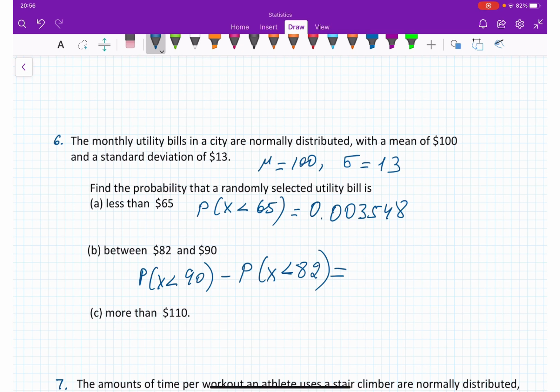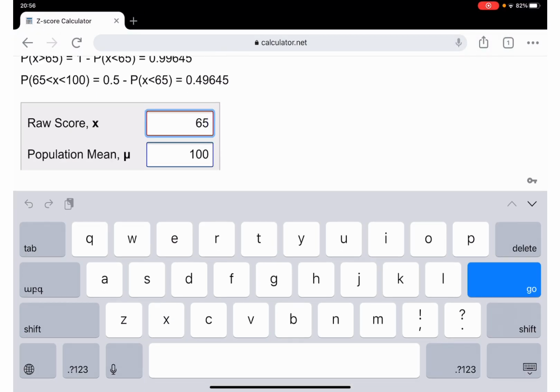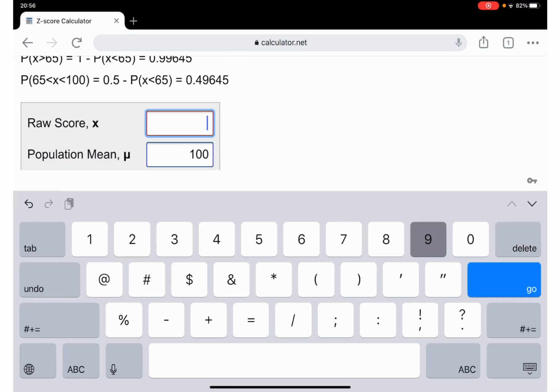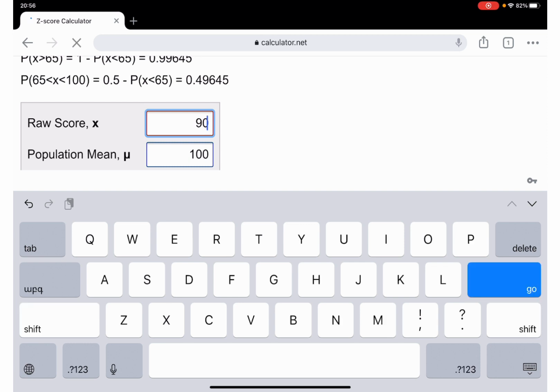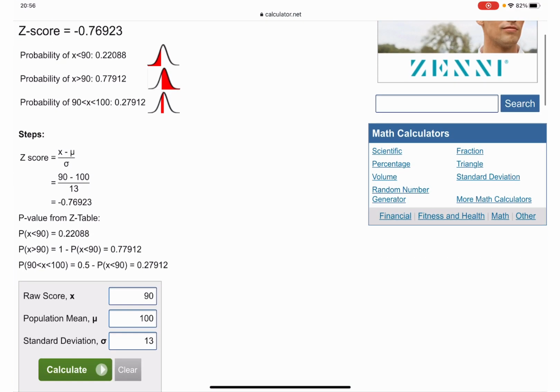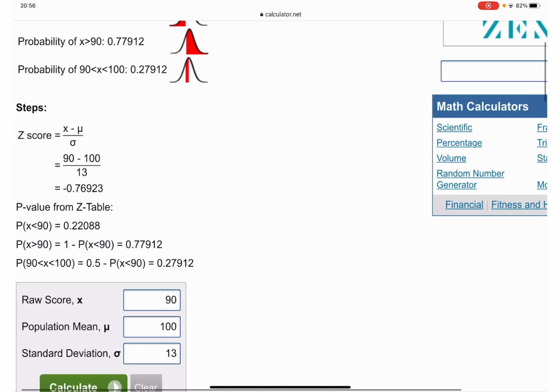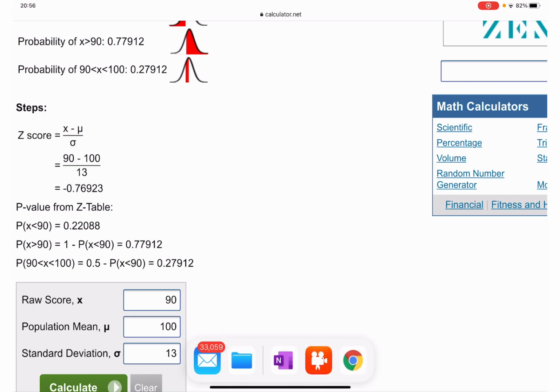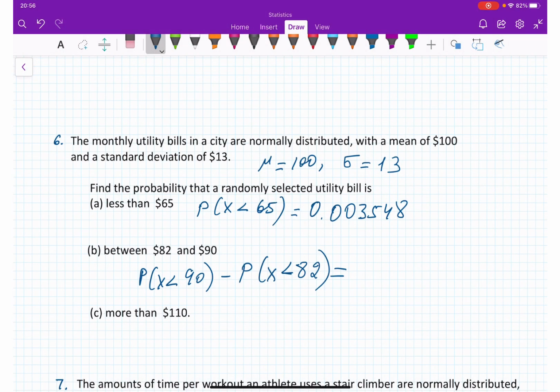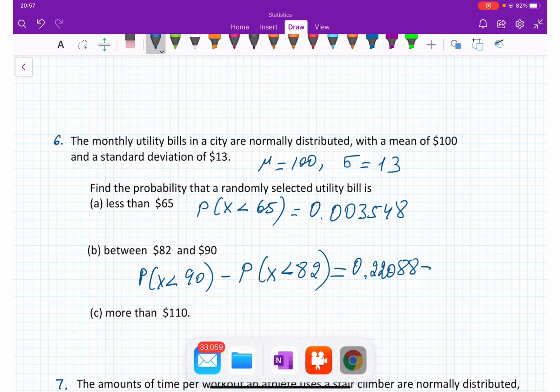Okay, so what we're going to have, this is 90, which is going to give me 0.22088. Okay, 0.22088 minus, now let's find out 82.